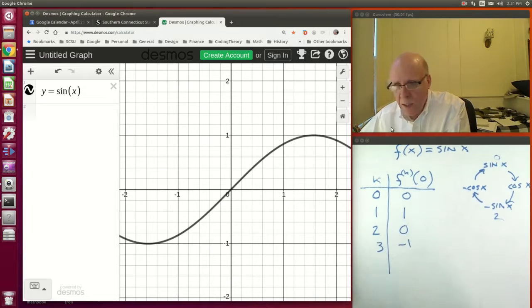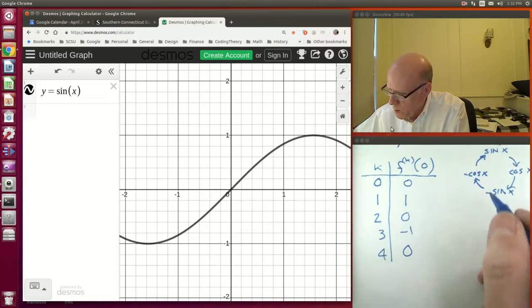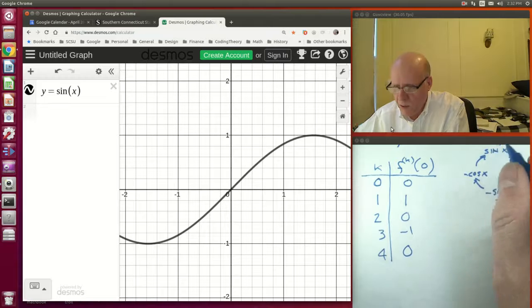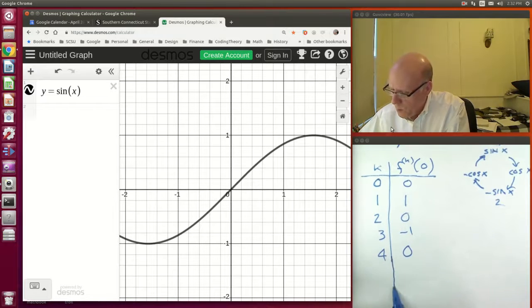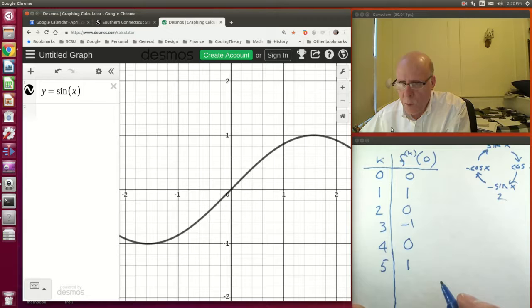And then they repeat, right? The fourth derivative is 0 again. That's when you're back at sine, and sine evaluated at 0. So I could take this as far as I want, but the pattern is really simple. It's 0 at every even number, and it's either plus 1 or minus 1 on the odd numbers. In fact, they alternate.